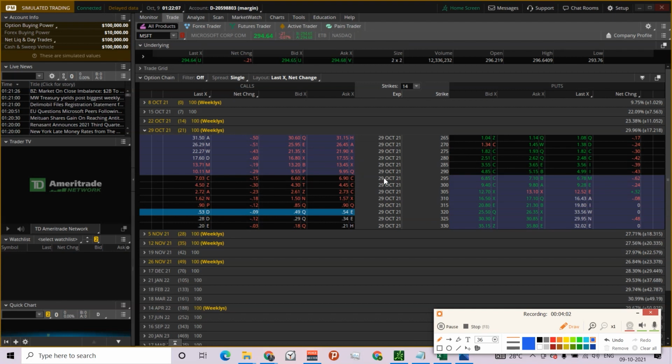If we take the strike price at 295 as at the money, then all strike prices above 295, towards 300, 305, 310, 315, 320, 325, 330, are what we call out of the money.